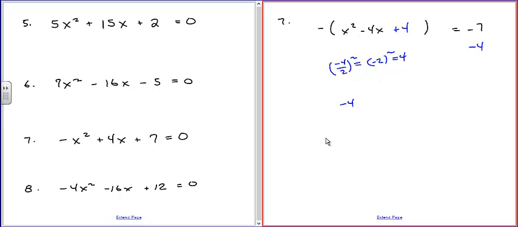So now this can be written as negative x squared, not x squared, negative x. We take this number right there, -2, square it, and that's going to be equal to -11.